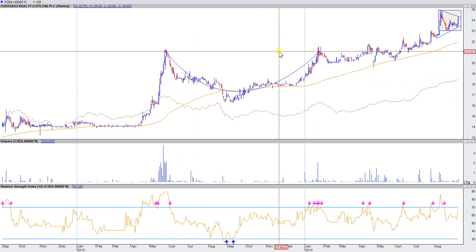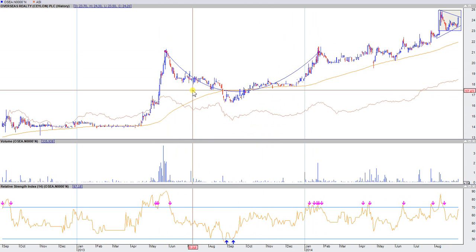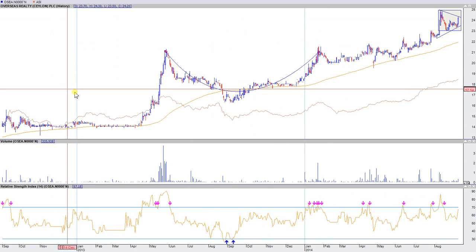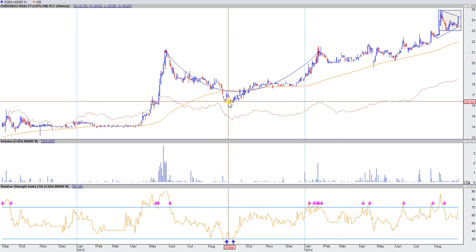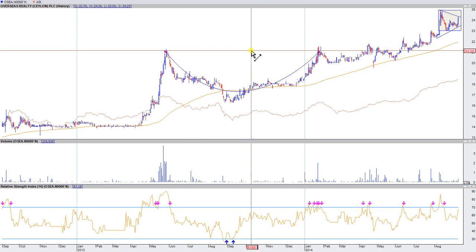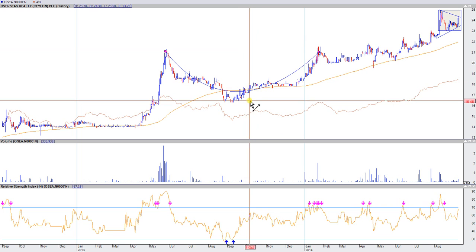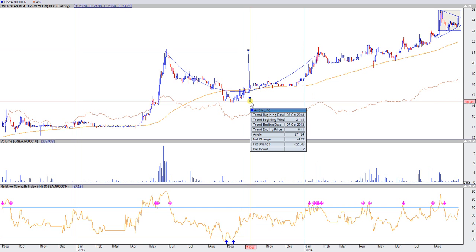Now the target is always, this happens in an uptrend, so we see the uptrend, and this chart pattern is a reliable one, and we measure the difference between this point and this here.